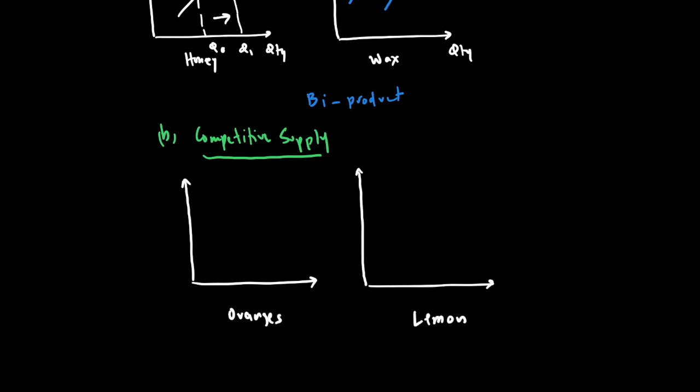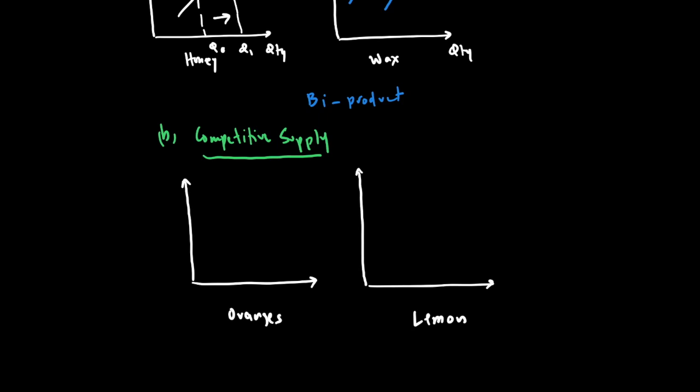Both of these belong to the citrus family. The conditions required to grow oranges are similar to the conditions required to grow lemons. So if farmers are focusing more on the production of oranges, which means they are dedicating more of the land to orange production because they find it more profitable, the impact would be that less land or resources will be available for lemons, and because of that, the supply should fall.